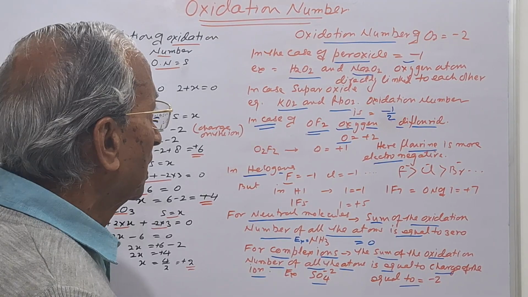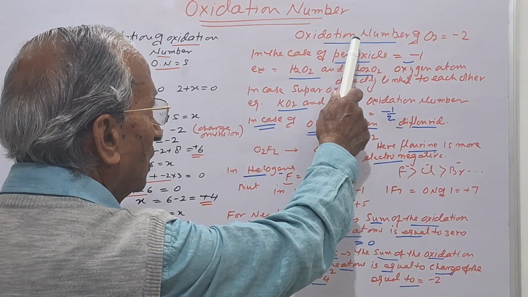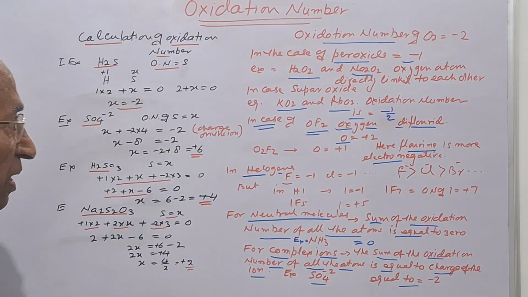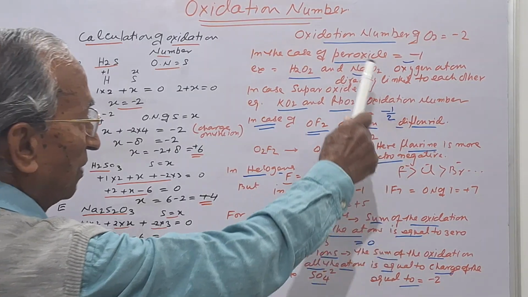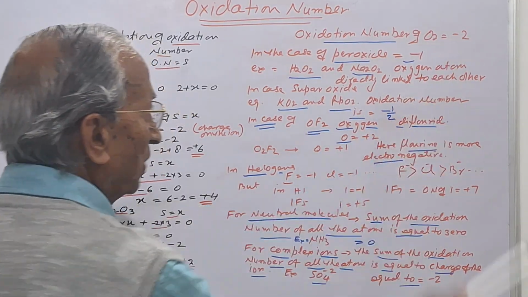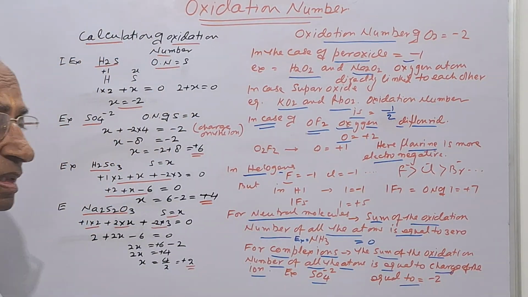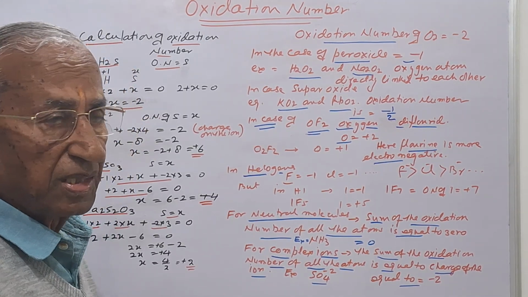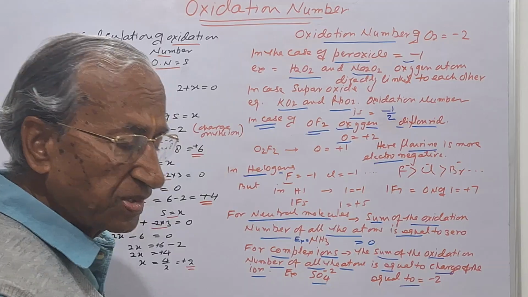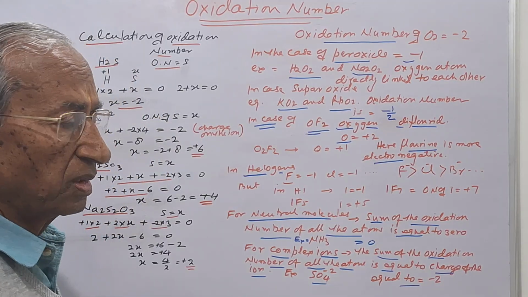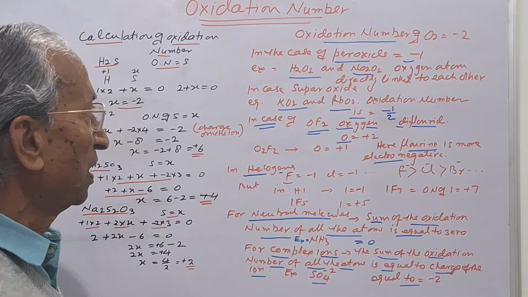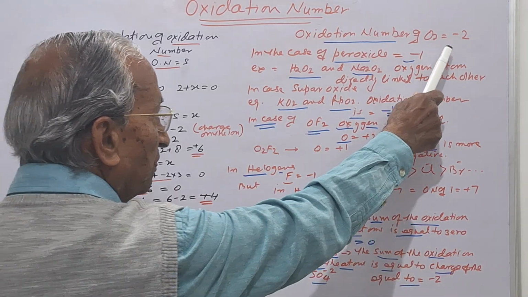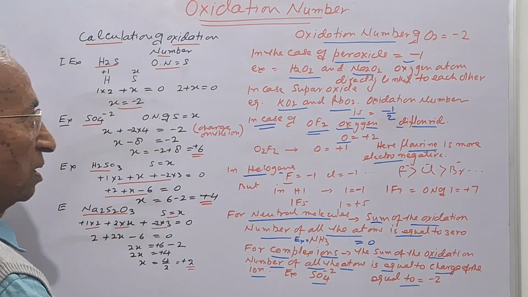Now, I will take today the oxidation number of oxygen. The oxidation number of oxygen is generally -2, but exceptions are there. In the case of the peroxides and the superoxides, if we talk about the oxidation number of oxygen as such, it is -2.